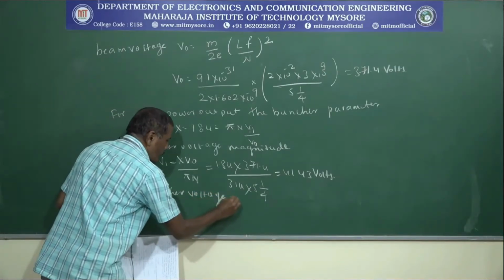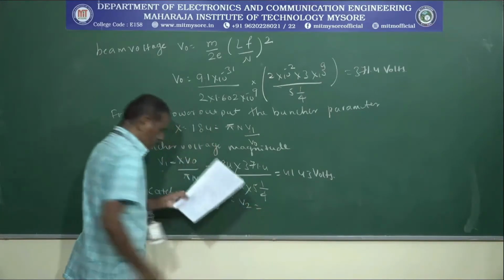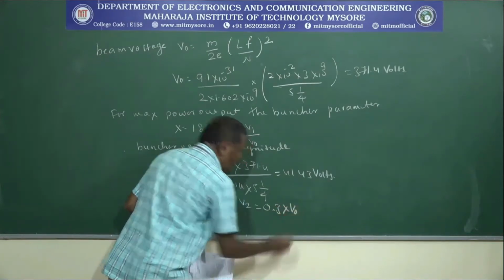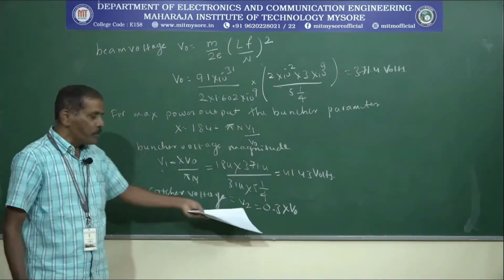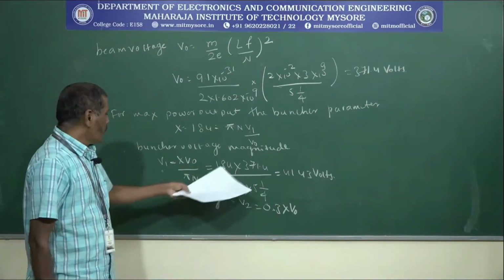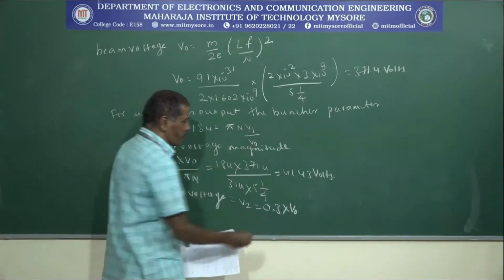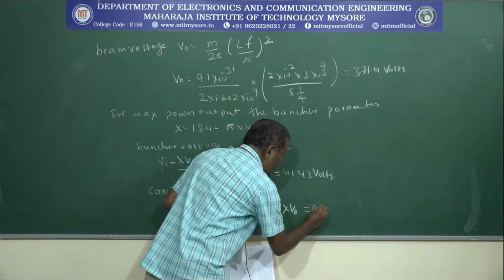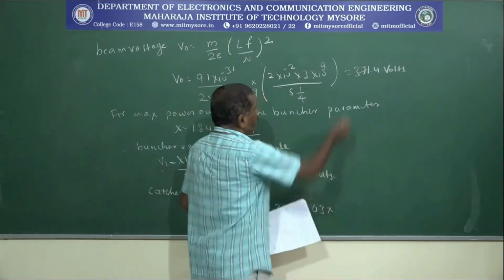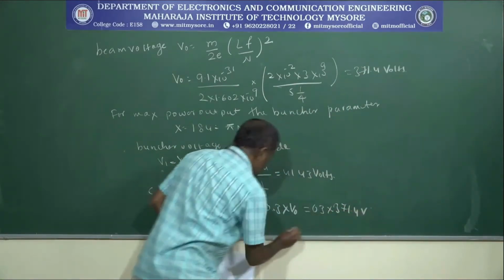Catcher voltage is equal to V2. Okay. So this is equal to, as given in the problem, 0.3 times V0. So the catcher voltage in the given problem is 0.3 times the beam voltage, that is 0.3 times V0. V0 I have calculated as 371.4 volts.